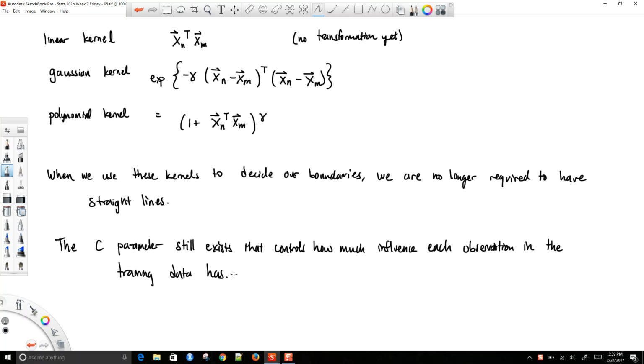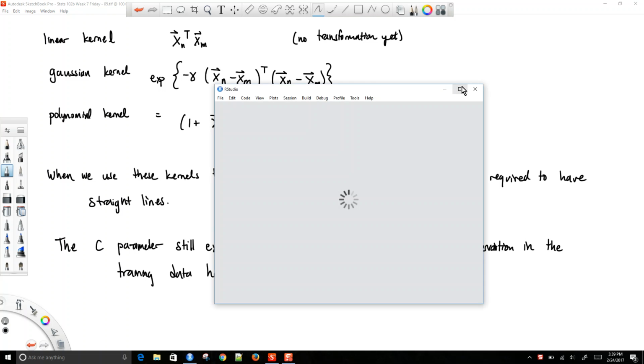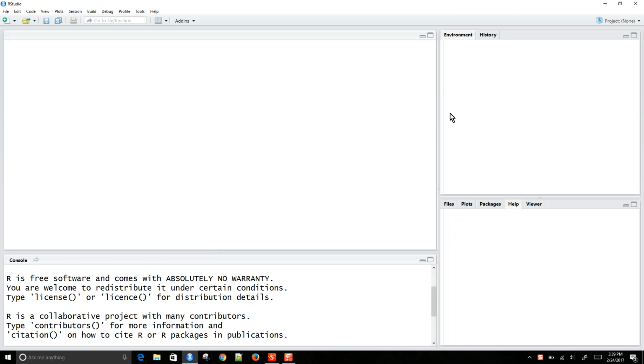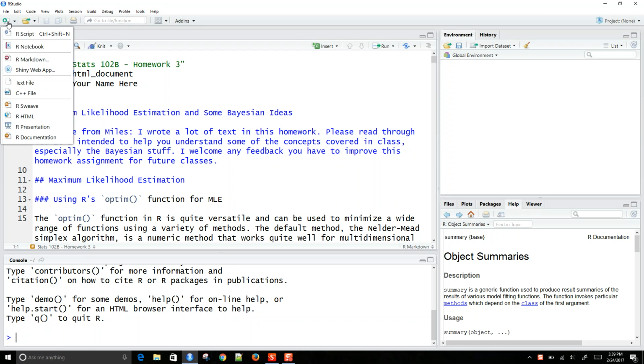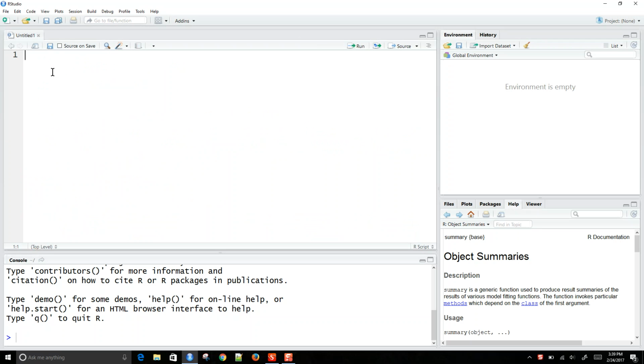Okay, so we'll try this out a little bit in R and see how far we can get. I'm using code from a tutorial that was online.